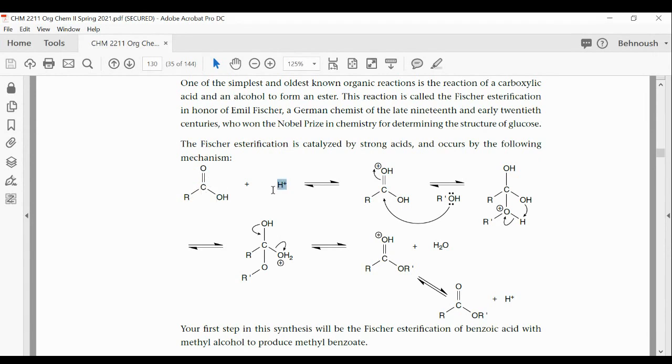So what you do is bring in the H+ from sulfuric acid to protonate the carbonyl group, which brings in the positive charge. When you have the positive charge on the carbon, you have basically a carbocation formed here. So it makes your benzoic acid a lot more reactive, and the protonated acid is a lot more reactive toward a nucleophile. The nucleophile would come in now and attack that carbon.